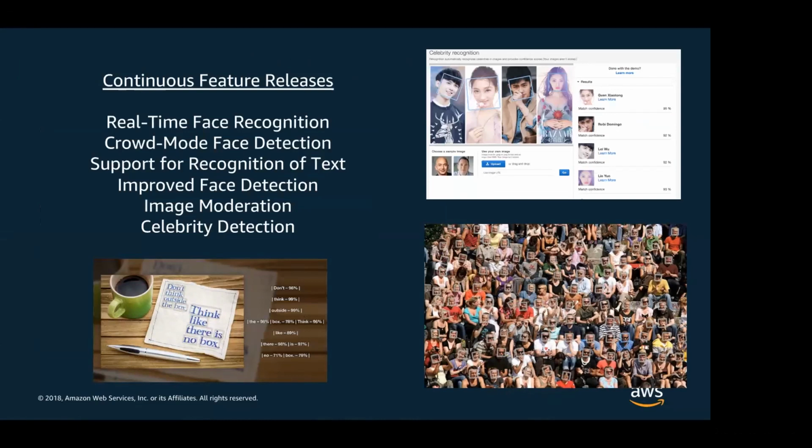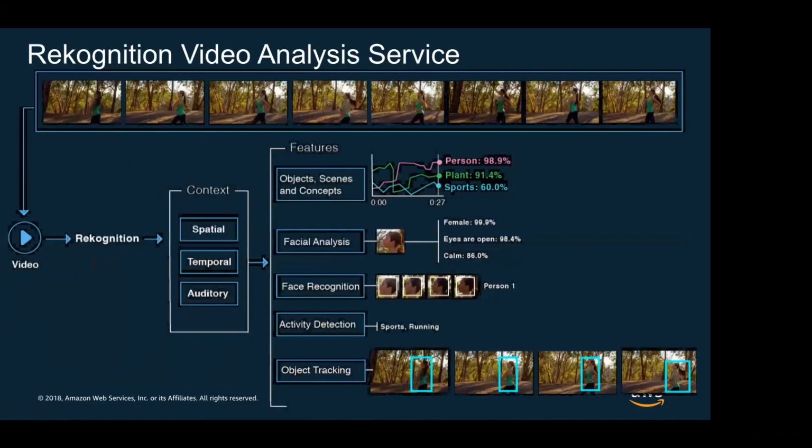All right, so I would like to share some of what has been happening with this service. 95% of our roadmap is driven by the customer. So the customer starts saying, okay, I can recognize images, but what about video? So last year we announced Rekognition Video.